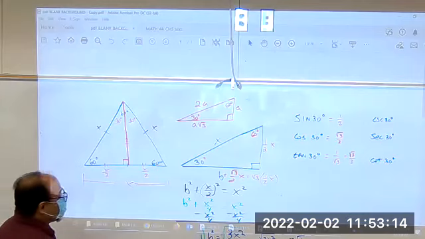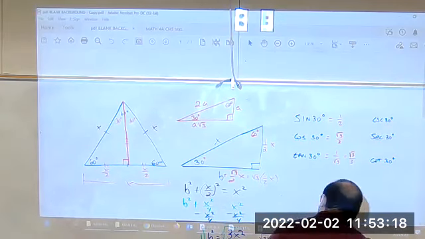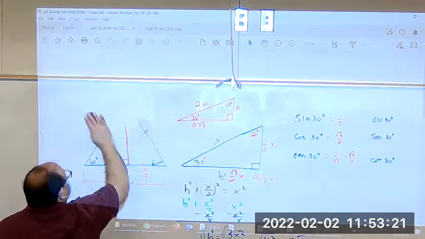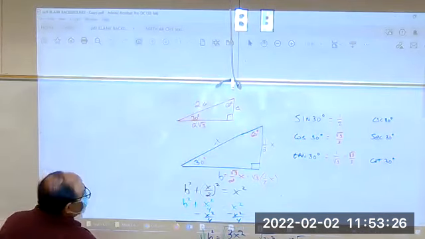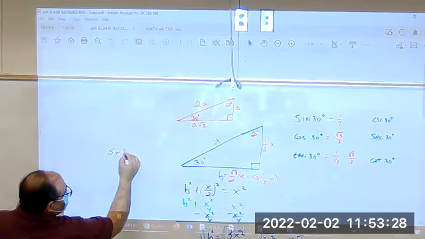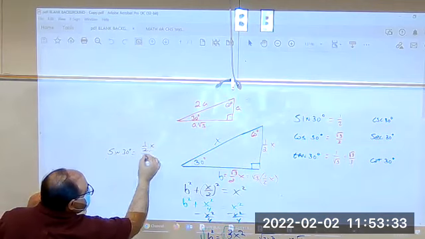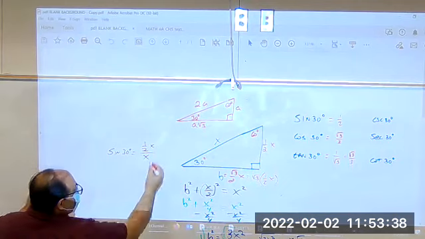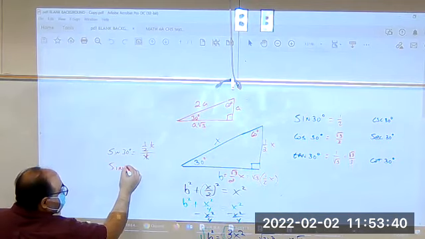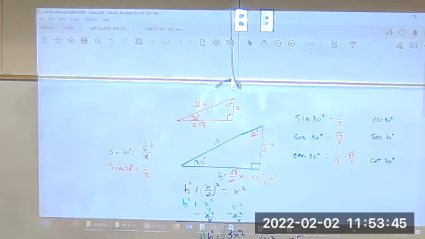Always. So when we take the sine of 30, the opposite, 1/2 x, divided by the hypotenuse, which is x. X over x reduces, I get the sine of 30 degrees is 1/2. The x's don't matter.